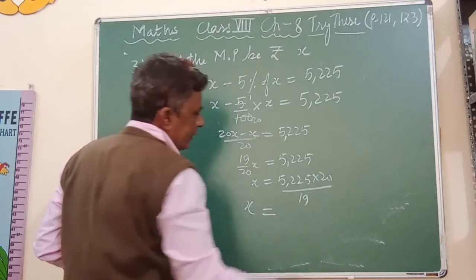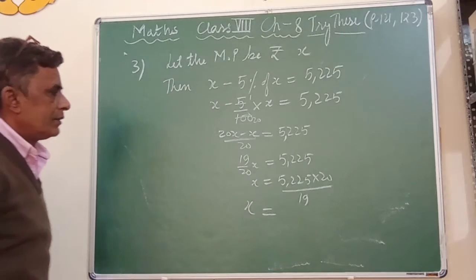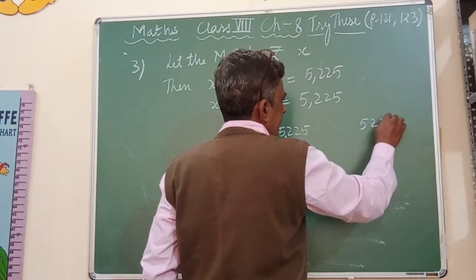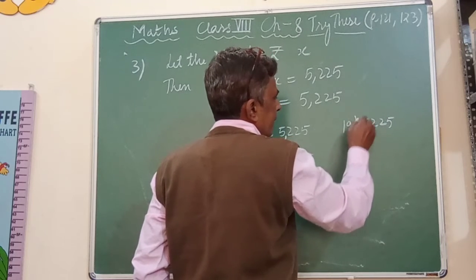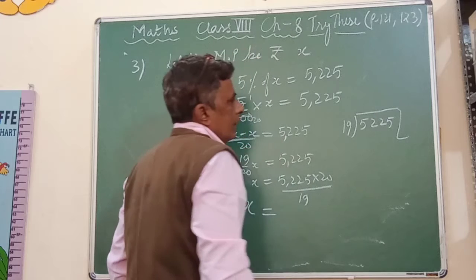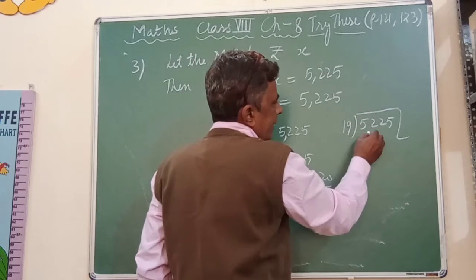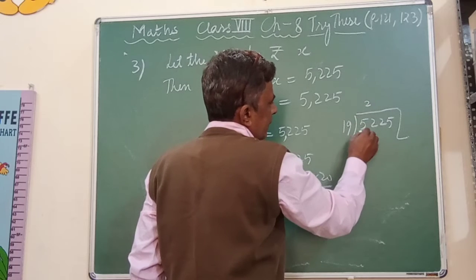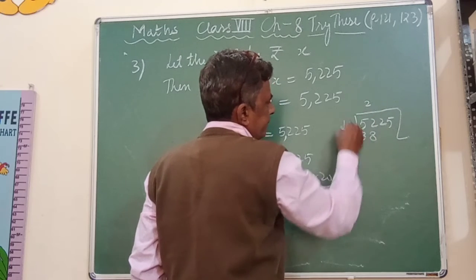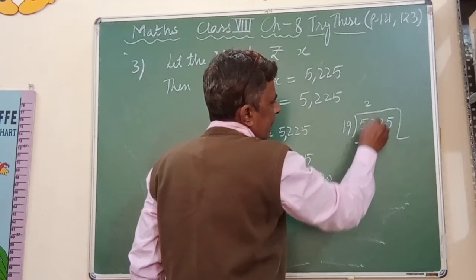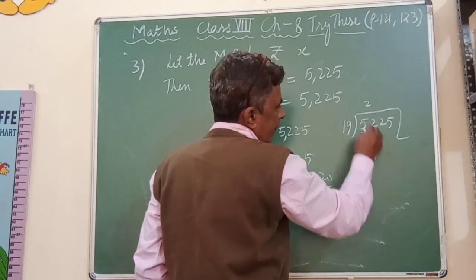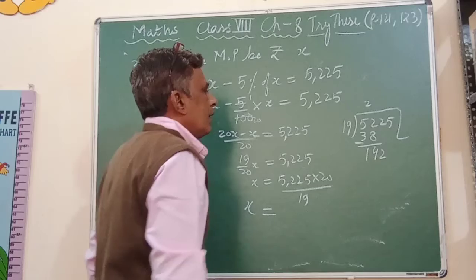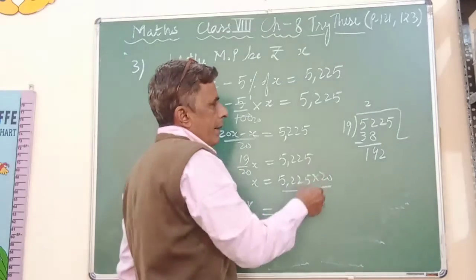Now we have to solve this and find the answer. First we will divide 5,225 by 19. So the first time it can go 2 times. 2 into 19 is 38. 12 minus 8 is 4. 4 minus 3 is 1 and 2. Now we have to make some approximation.